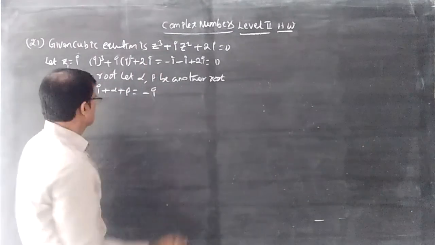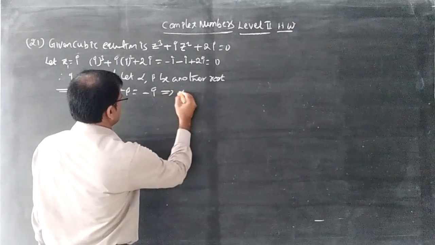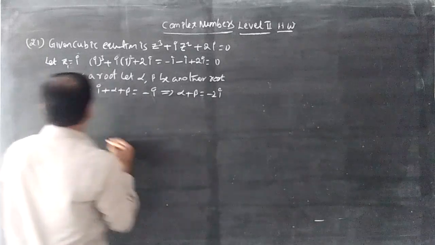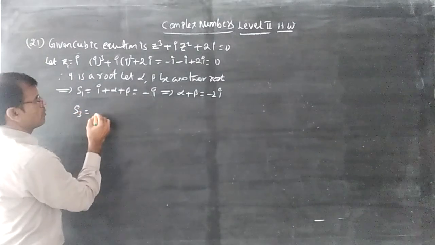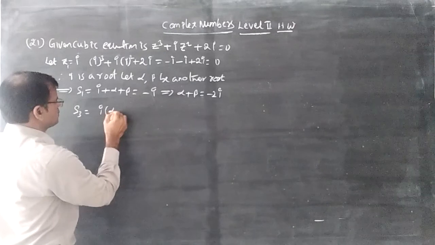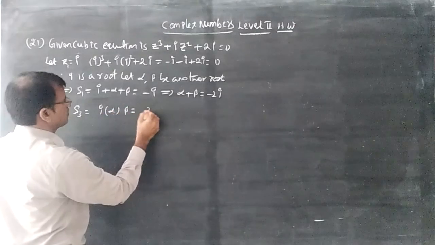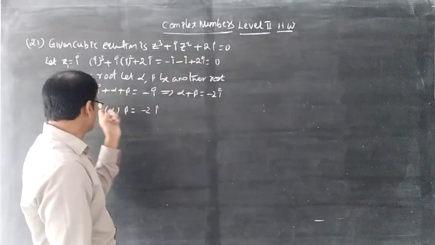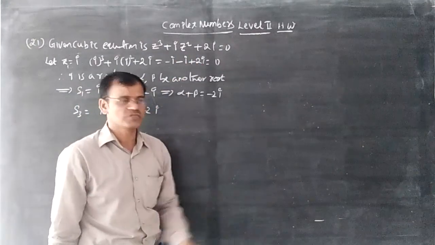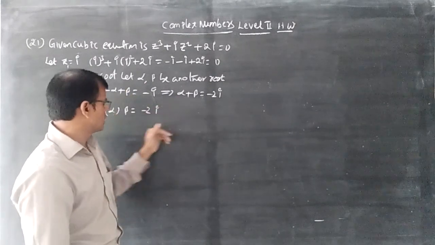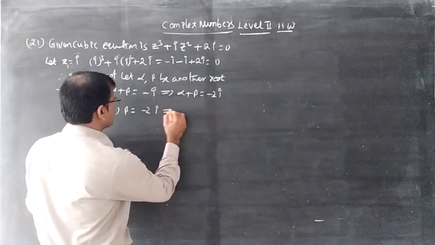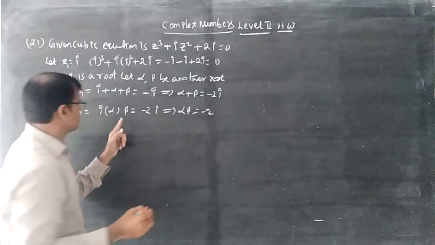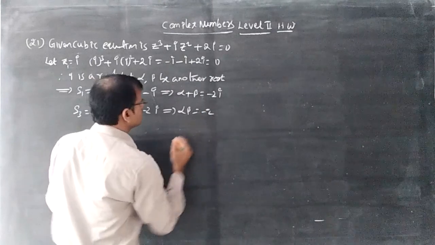That implies alpha plus beta, the sum of the other two roots, is 2i. Applying the product of roots: i into alpha into beta is equal to minus 2i. The z term is not there, so the sum of products taken two at a time is 0, no need for it. So alpha beta is equal to minus 2, as i got cancelled.